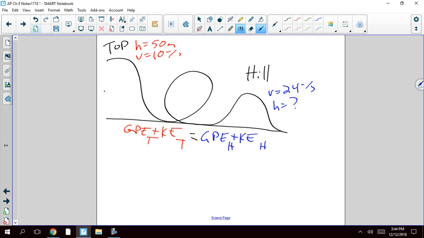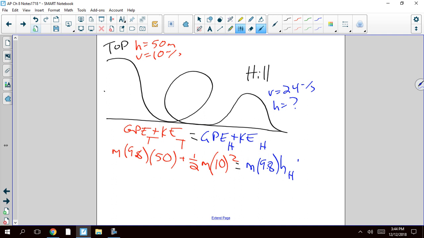So we have M times 9.8 times the height at the top, 50, plus 1/2 M times our velocity at the top, 10, don't forget to square it, equals M times 9.8 times the height on the hill plus 1/2 M times 24 squared.